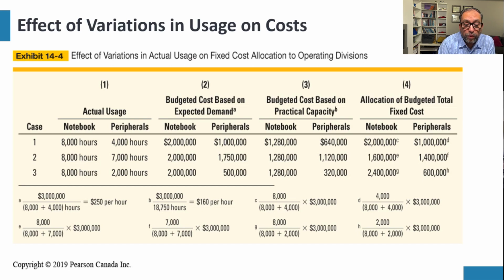And then 8 divided by the sum of these two, 15,000 hours, into 300. So we get these values. And then 7, we get these values. And then in the case of this 10, when we divide, 24 and 6. So that is the effect of variation in actual usage on fixed cost allocation to operating divisions.